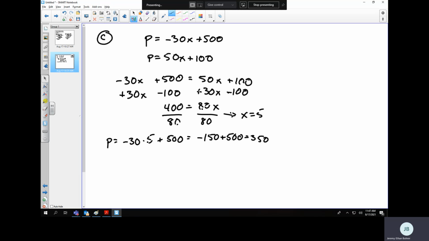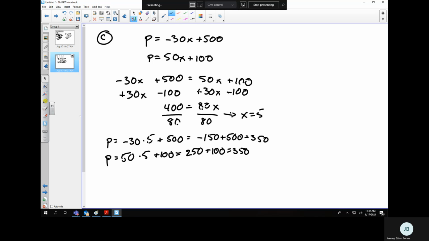If I plug it into the second equation, I have P equals 50 times 5 plus 100, which is 250 plus 100, which again is 350.